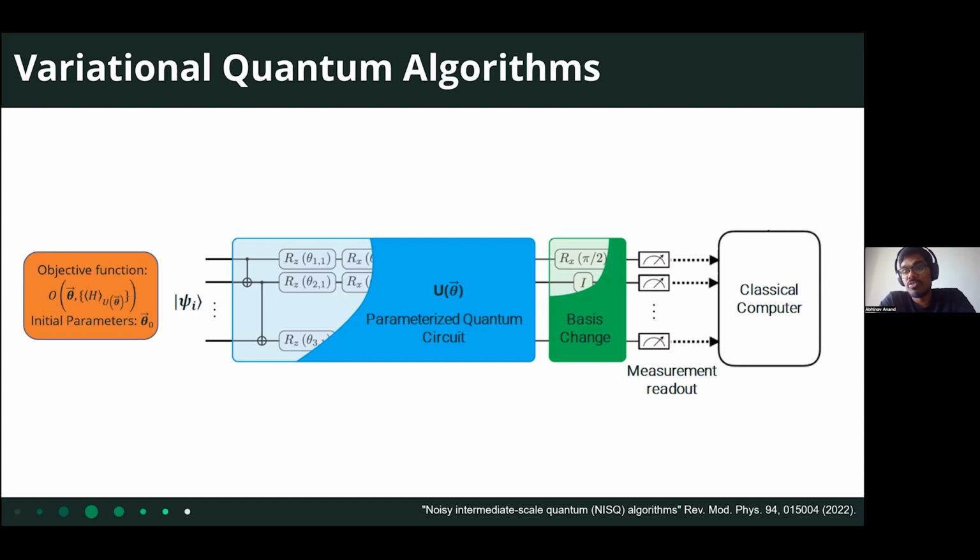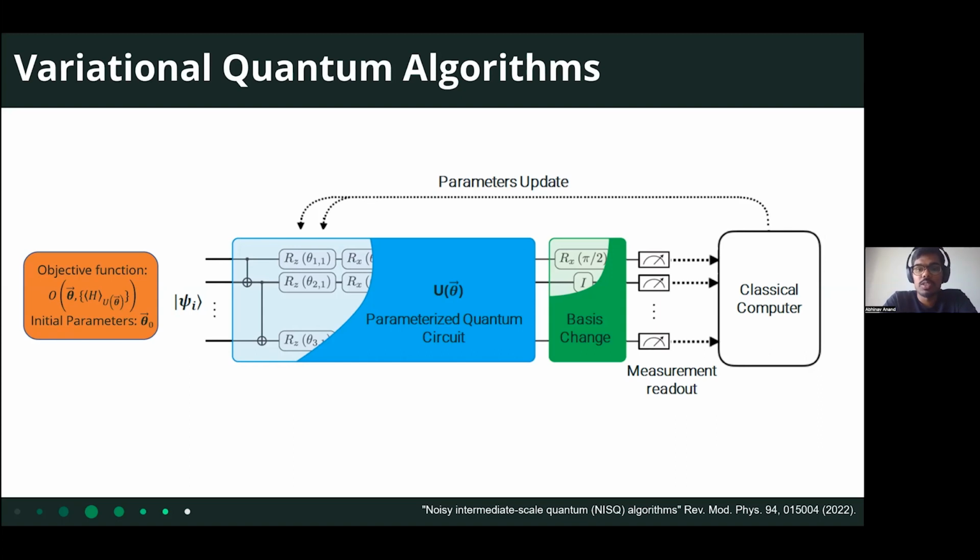You feed those measurements to a classical computer, which calculates this objective function based on the measurements and the parameters that you had in the device.